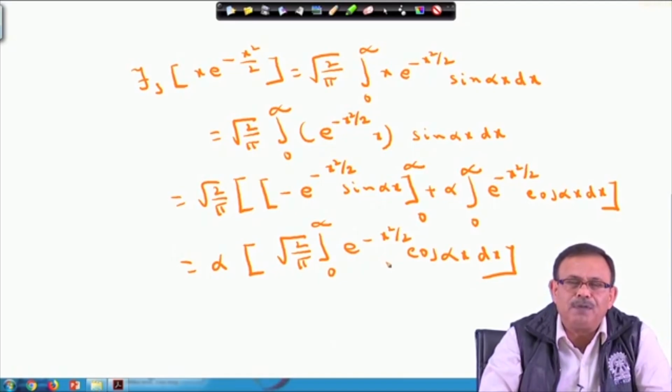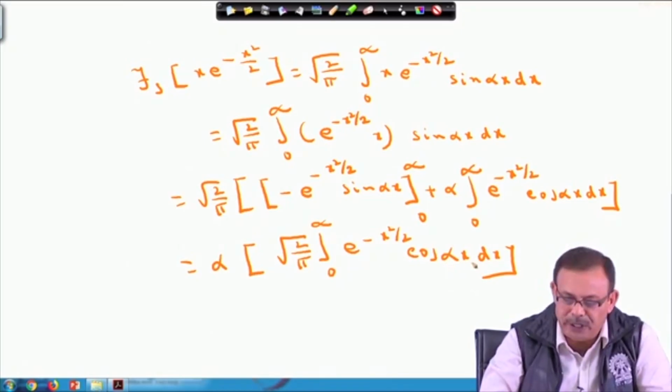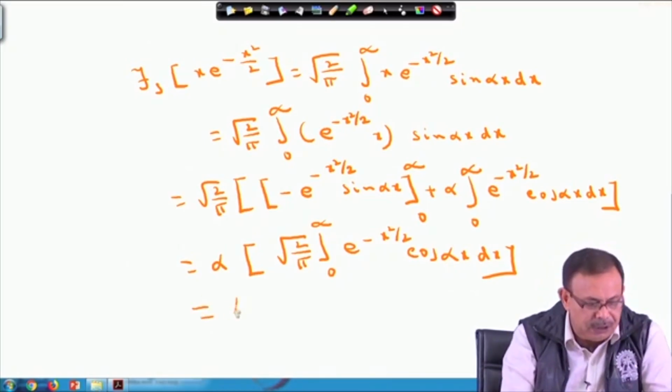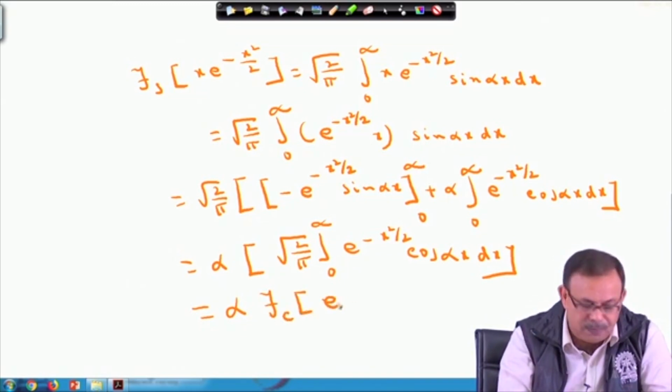From the definition, the Fourier cosine transform of e power minus x square by 2 is root over 2 by pi, 0 to infinity e power minus x square by 2 into cos of alpha x dx.